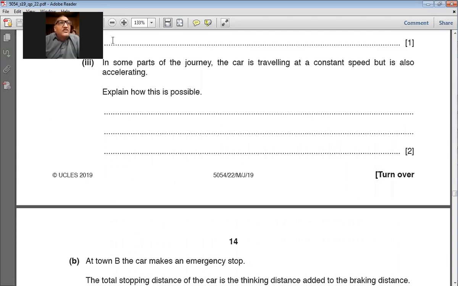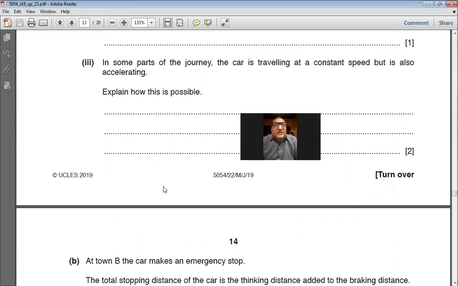In some parts of the journey, the car is traveling at a constant speed, but is also accelerating. Explain how this is possible. It is possible for a body to be moving with a constant speed but still have acceleration.